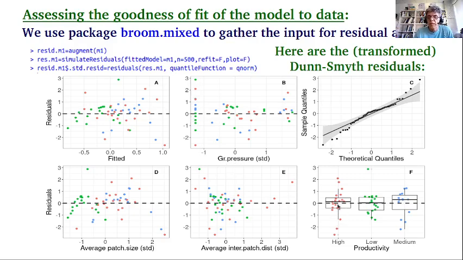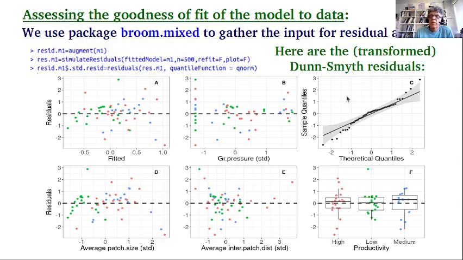Likewise, we see here in these box plots that the median of the residuals for each level of primary productivity are all very similar and close to zero, and that the variation, as indicated by the width of these boxes, are all pretty similar, which is a sign of a good fitting model.